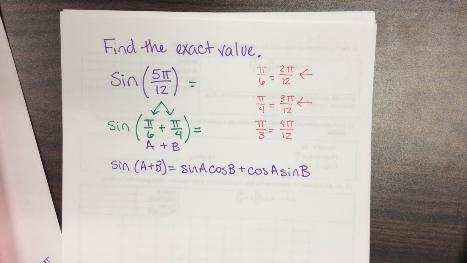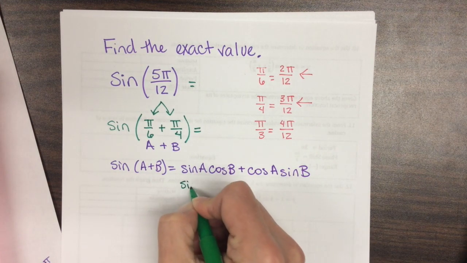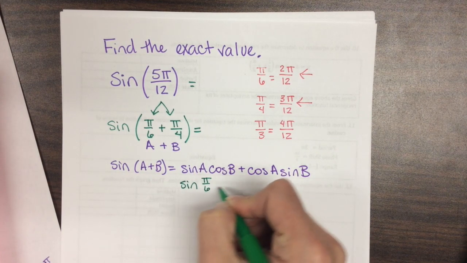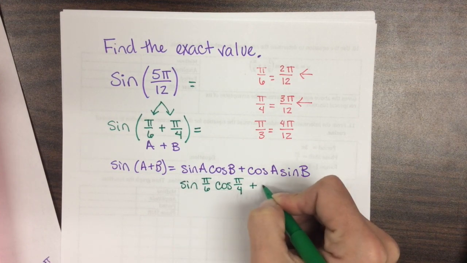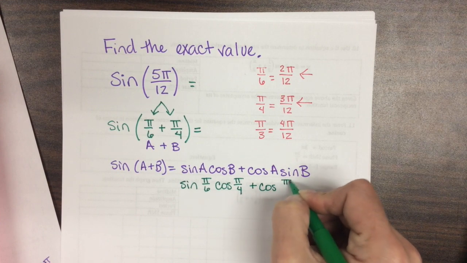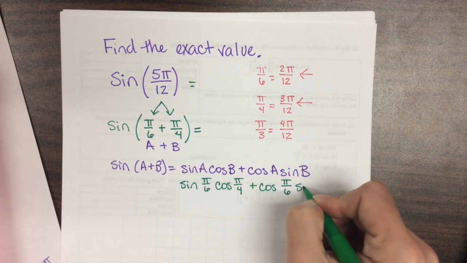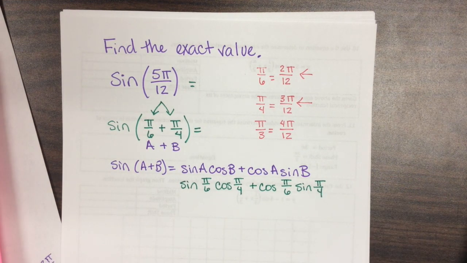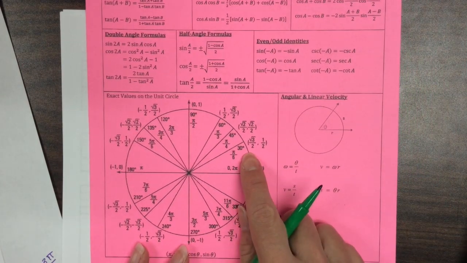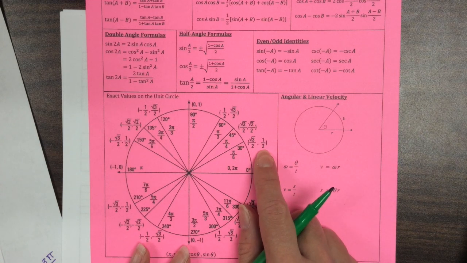Now let's replace the A's and the B's with what we know. So we know that this is sine of pi over 6 cosine of pi over 4 plus cosine of pi over 6 sine of pi over 4. And now we're ready to go to our unit circle. So on our unit circle, let's start with pi over 6. So pi over 6 has an ordered pair square root of 3 over 2 and 1/2.